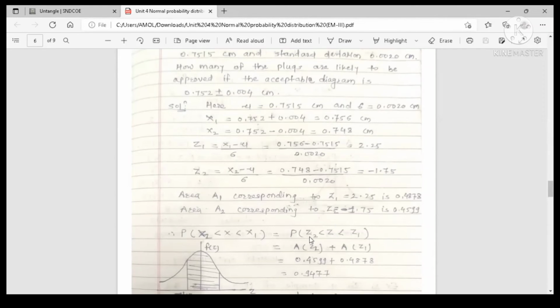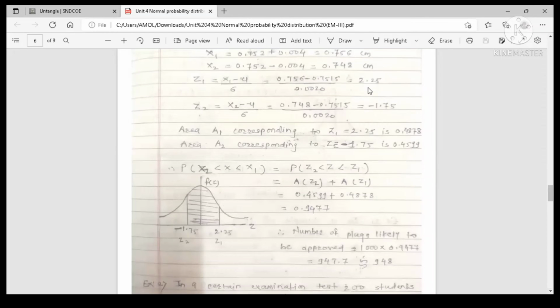Now what is your z2? Z2 is minus 1.75. Now what is the area of 1.75? That is the question. Z1 is positive and z2 is negative. You see the diagram.